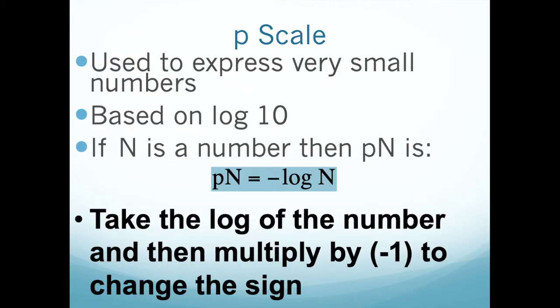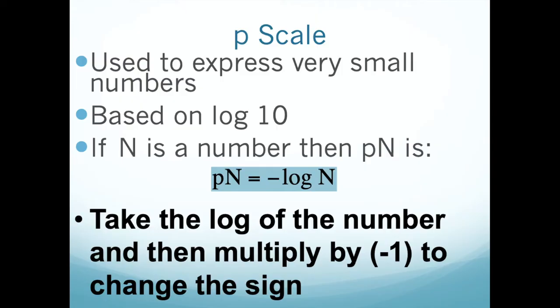So what does this mean? Well, when we punch this into our calculator, it depends on the type of calculator you have. Some of you may have to punch in the value of n and then hit the log button after that. Sometimes you have to punch in the whole thing: the plus/minus sign, log, then the number, and then hit enter or equals, and your calculator will give you the answer.